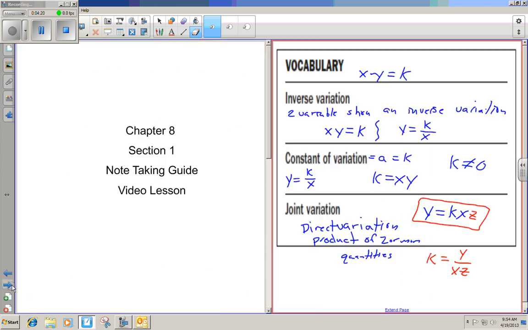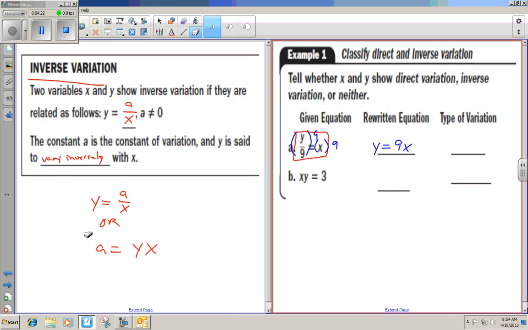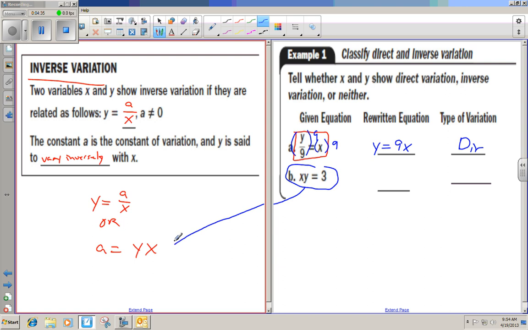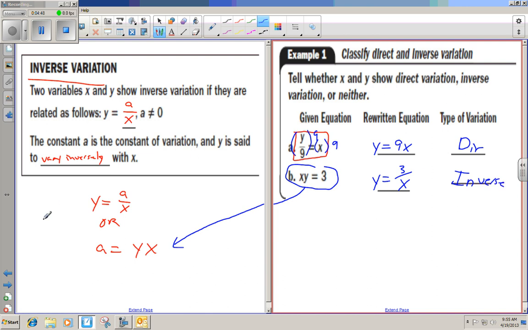The variable is in the numerator. So for this, the variable is in the numerator, so you would say that this is a direct variation. Look at this. This looks exactly like this right here. A constant is equal to x times y. So if I rewrote this, this would be y equals 3 over x, and this for sure is an inverse relation, it varies inversely.